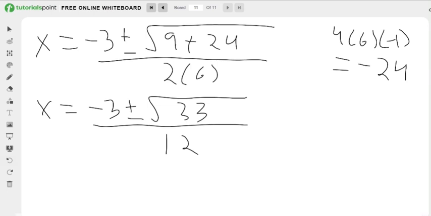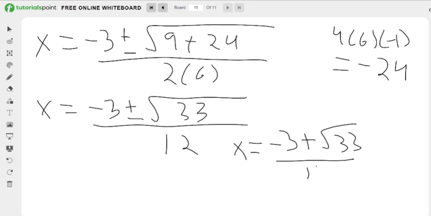Now, as you can see, the plus or minus is something that might be new to you, or you might already know what it is. It's just basically saying that you have to separate the x. So our x value can either be negative 3 plus square root of 33 all over 12, or our x value could be x is equal to negative 3 minus square root of 33 all over 12.